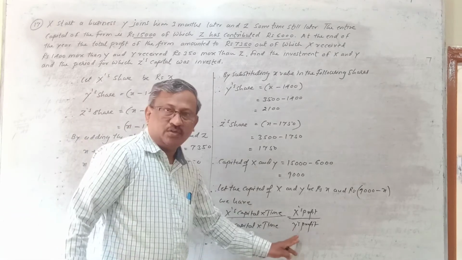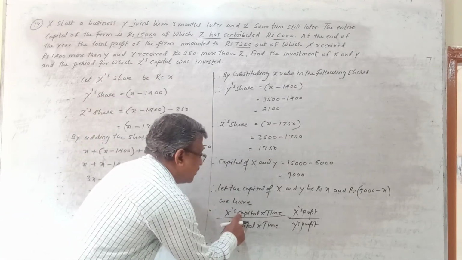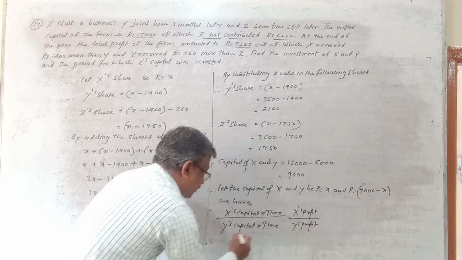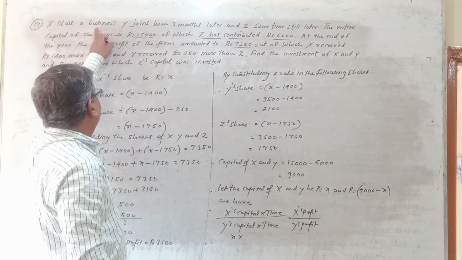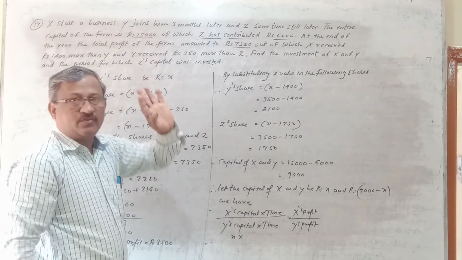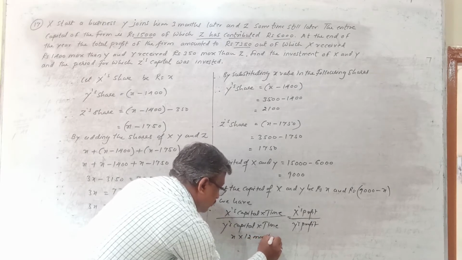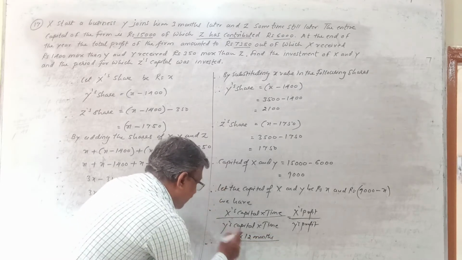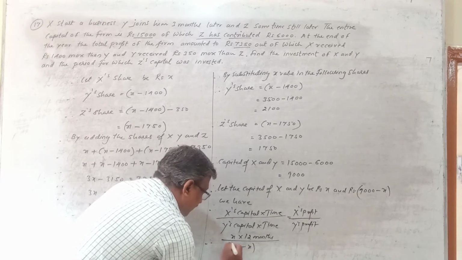Just put all these values in this one and you will get the x value. So x's capital, I have assumed as x, into his time. X started the business, means his capital is used in the business for a full 12 months. So his time is 12 months. Divided by y's capital, which is 9,000 minus x.